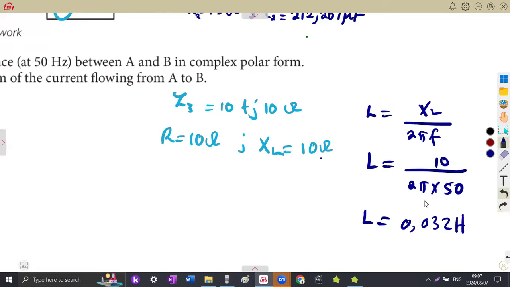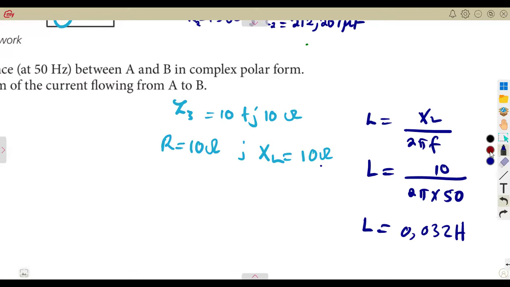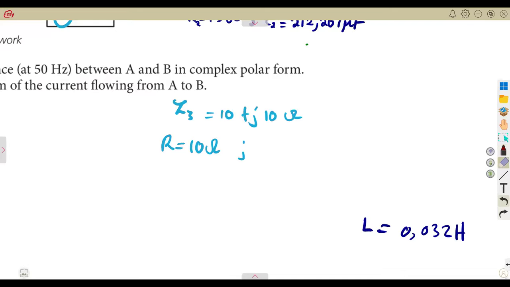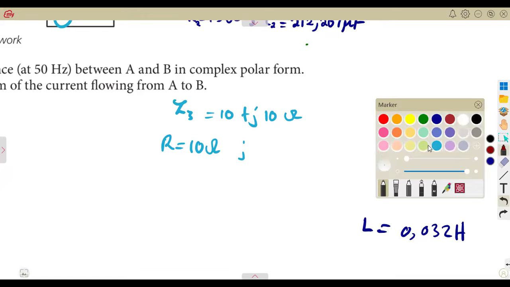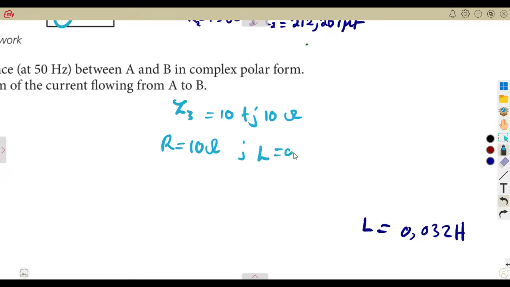0.032 henries. Or if you use the previous one, you're going to maybe have it in millihenries, which is fine, which is actually perfect. You can do it like that, okay? It's one and the same thing. What is important is that we have got this component. So we've got the inductance, 0.032 henries.